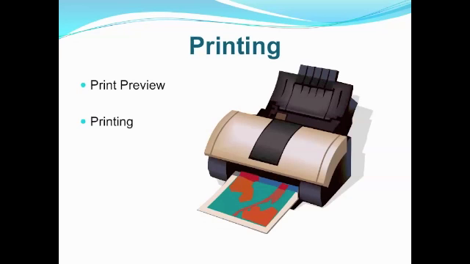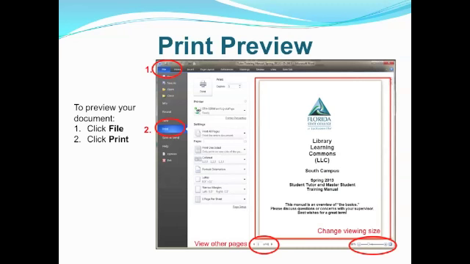Okay. The other important thing is printing. There are two aspects to the printing. There's print preview and actual printing. Okay. In Windows 2010, which I love, under File, when you click on Print, it automatically gives you a preview of what your document looks like in the print layout.